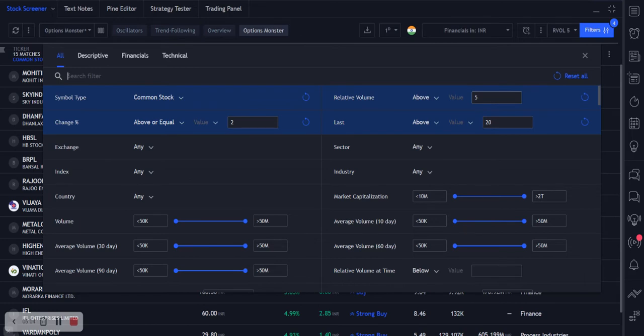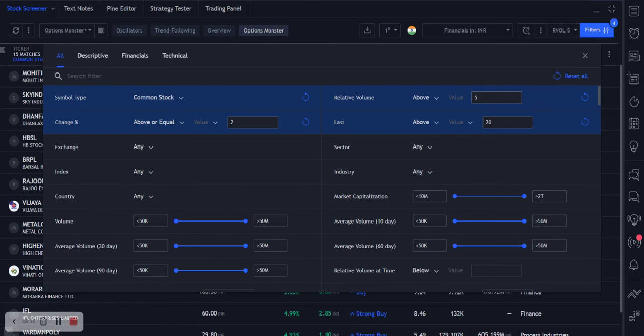Once you put in your relative volume multiplier and the change percent above which you want to filter the results, if we use 1%, the list will be too long, so we're going to narrow that down to above 2% change for the day. For example, Reliance moves 2% or 3% with high volumes, the filter would catch it.